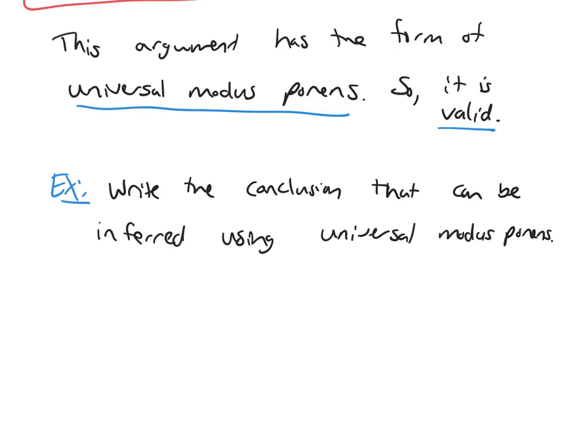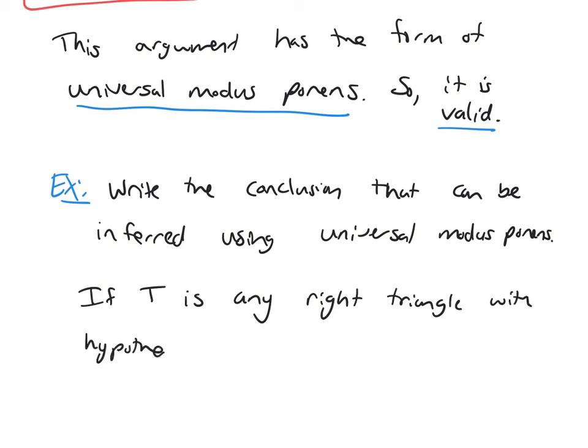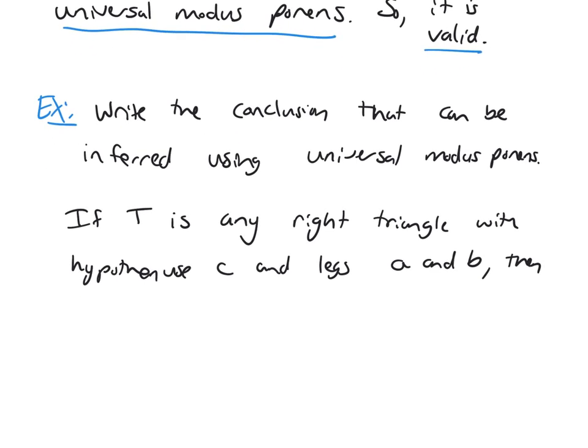So it's going to say: if T is any right triangle with hypotenuse c and legs a and b, then c squared equals a squared plus b squared. This is the Pythagorean theorem. That's our first premise. The triangle shown is a right triangle.